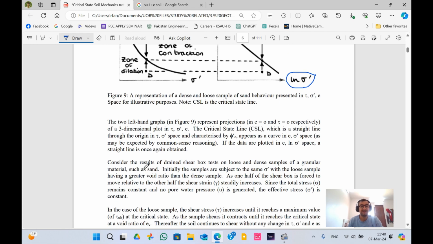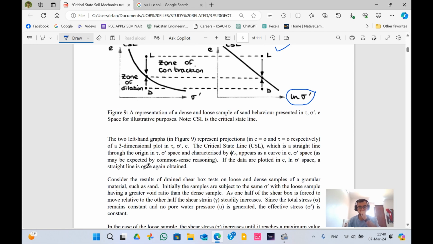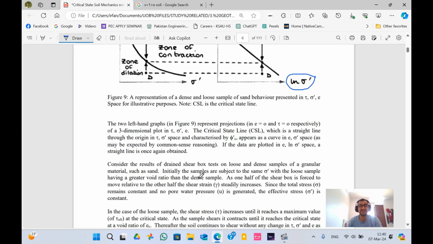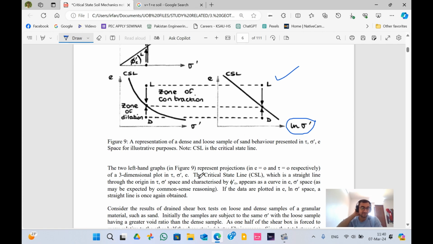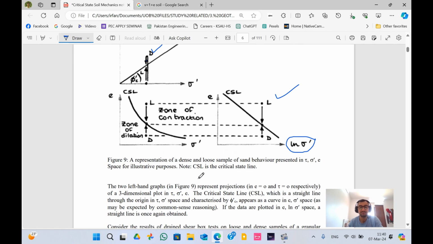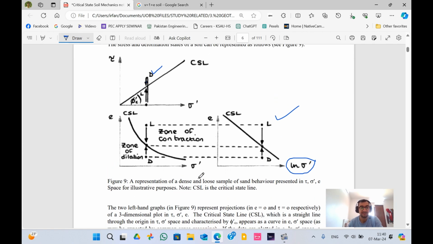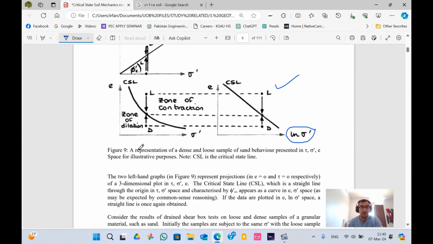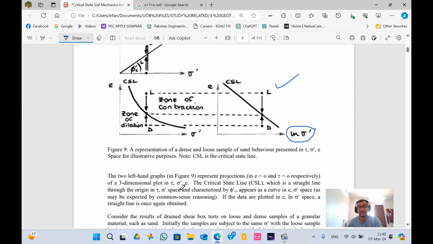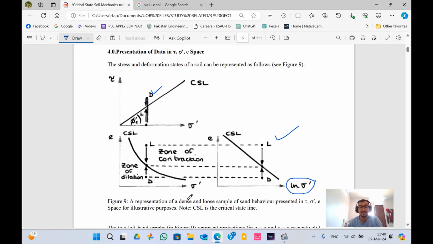The two left-hand graphs in figure 9 represent projections, void ratio equal to 0 and shear equal to 0 respectively, of a three-dimensional plot in shear, effective stress, and void ratio. These are basically 2D, but actually these are 3D, which we will study in section E or F of this module, because there you can see the graphical representation in the 3D projections.